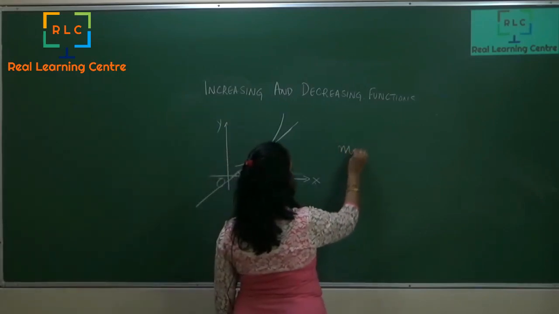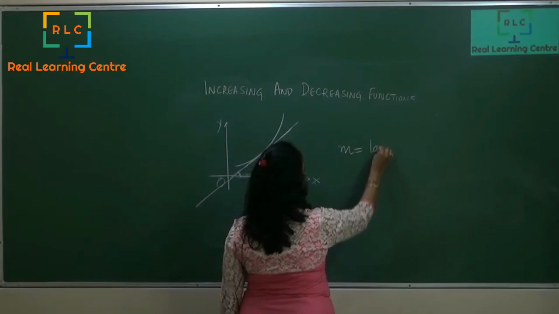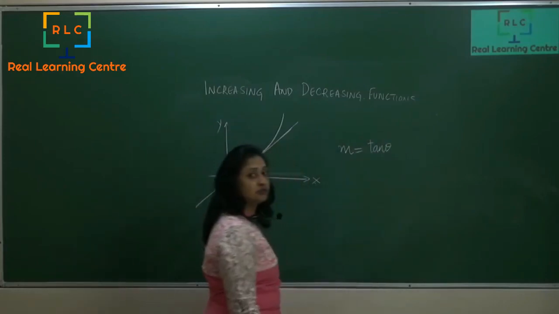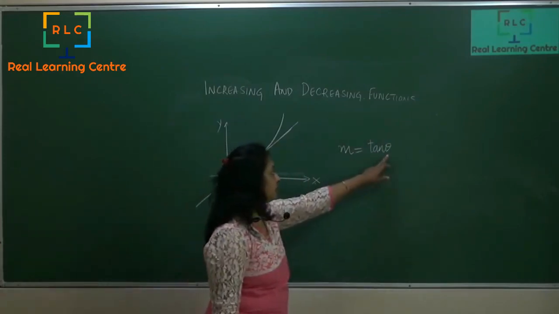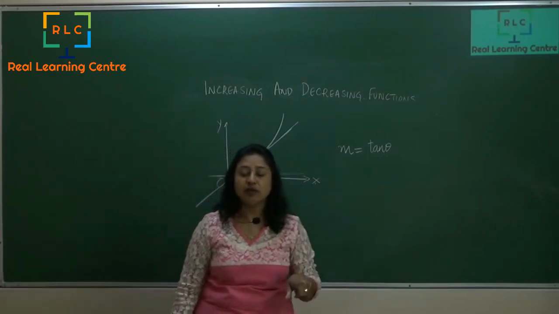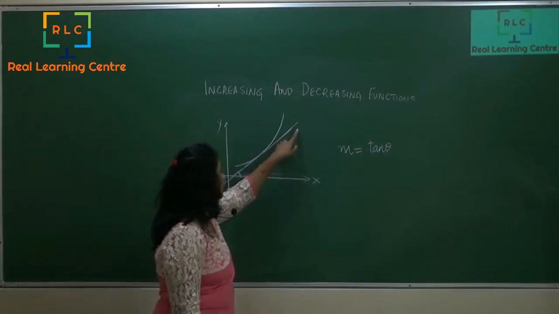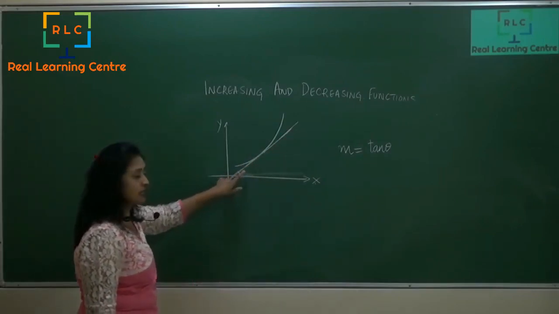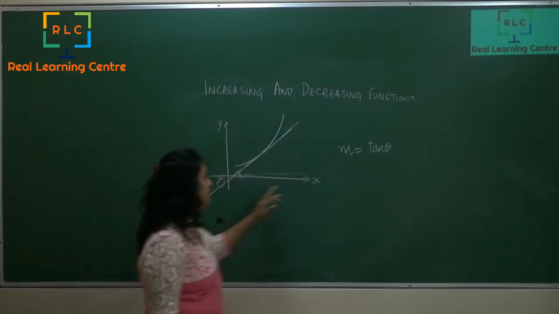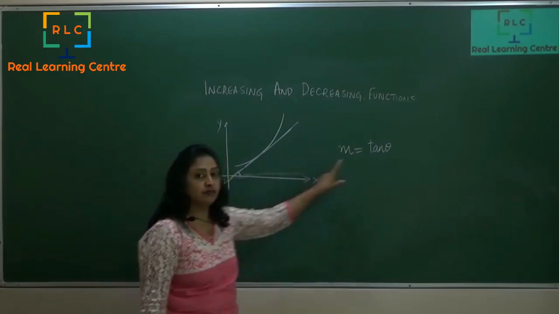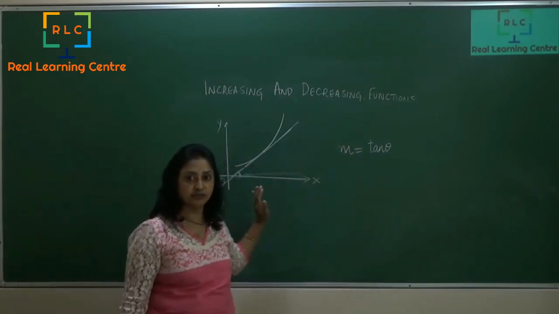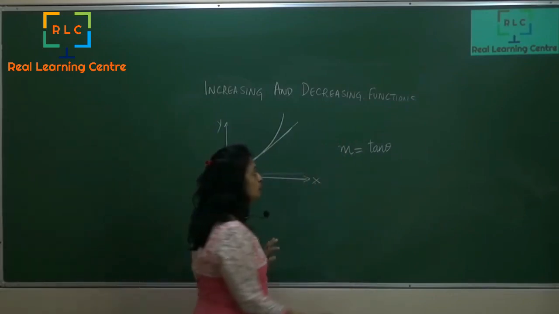What is slope equal to? m is equal to tan theta. If theta is acute, I know that tan is positive in the first quadrant and also the third quadrant. So whenever the line is between the first quadrant and third quadrant, tan theta, whatever the angle it makes, will always be an acute angle, and it will always give you a positive value.